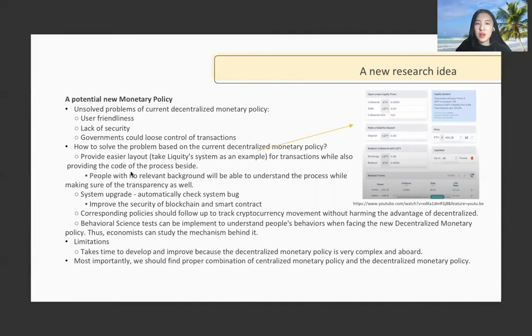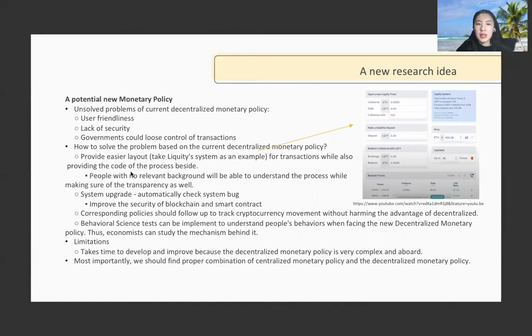The second is system upgrade. We can invest in some automatic check systems to check for bugs. And this is how we do the system upgrade to make sure of the security of the blockchain and smart contracts.